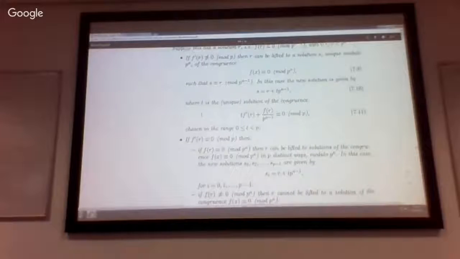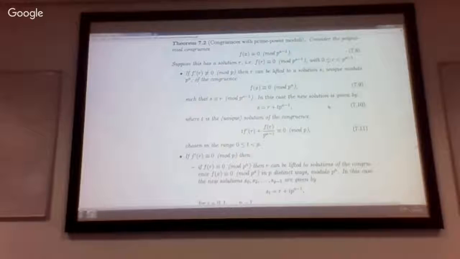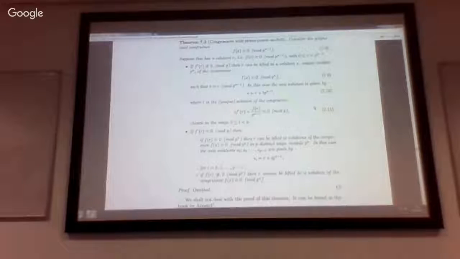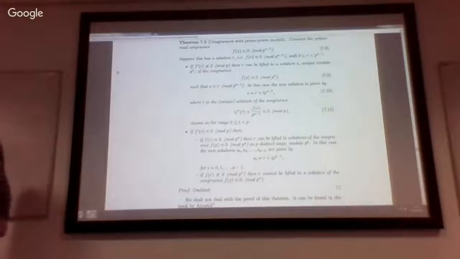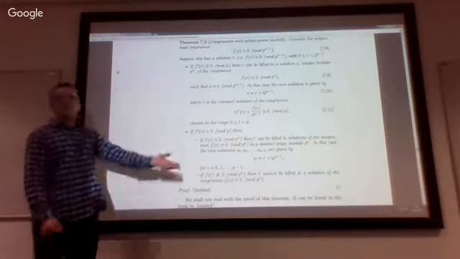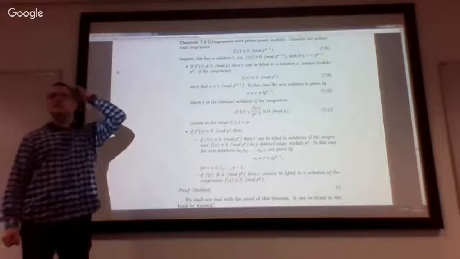So it's laid out there. It seems a bit unfamiliar and technical when we first see it like this. But we'll work through an example now. So it'll be good for you to have that page open beside you because we'll be consulting it all the time. So this describes how to lift solutions one level. Okay?